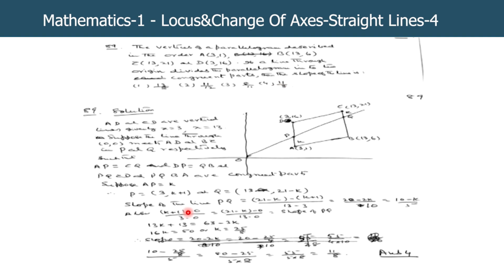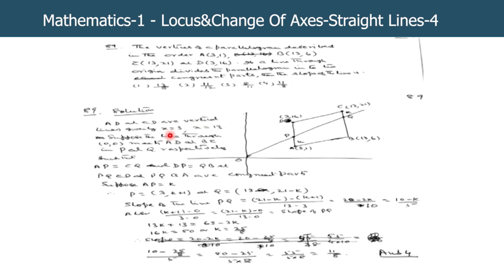Now, here please see AD and BC are vertical lines, given by x equal to 3 and x equal to 13.